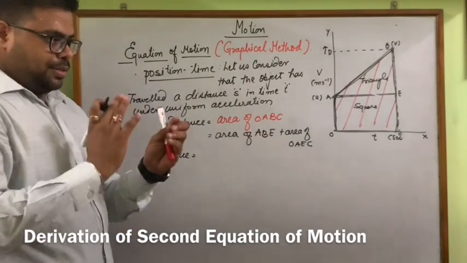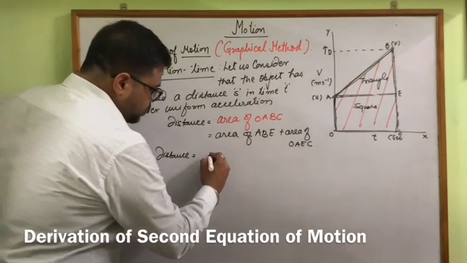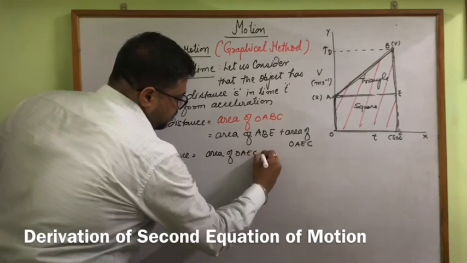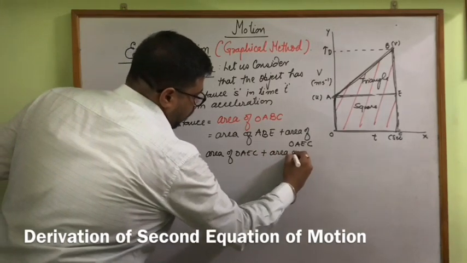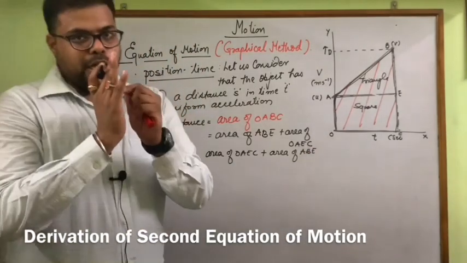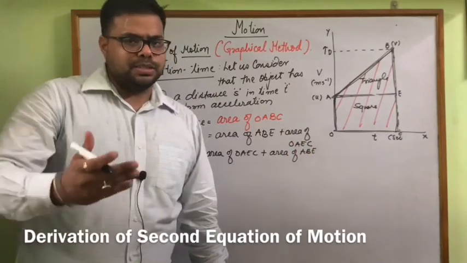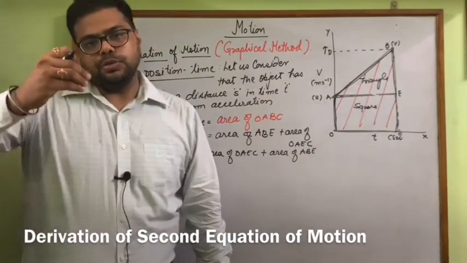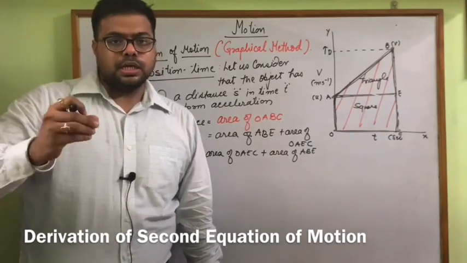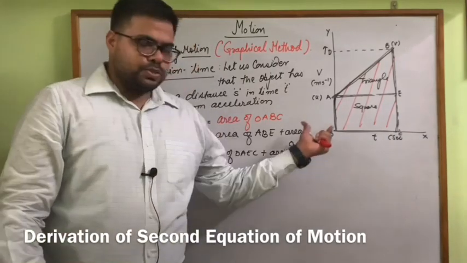Now by the generation of the equation I rewrite this, we can also write it this way: area of OAEC plus area of the triangle ABE, because to make the right formation of the equation, that is the reason I changed it. Otherwise no reason, because in mathematics we have the commutative law, A times B equals B times A in multiplication and A plus B also equals B plus A. So mathematically we can also write.